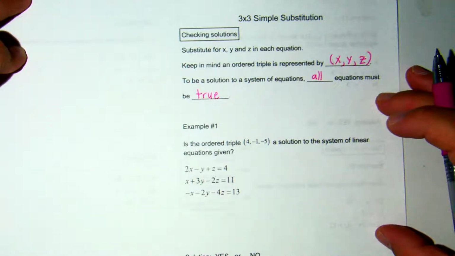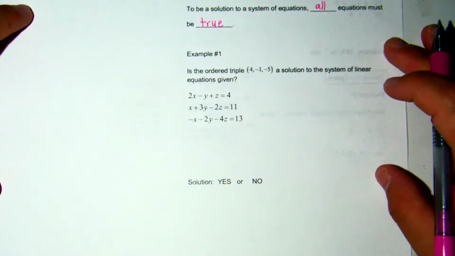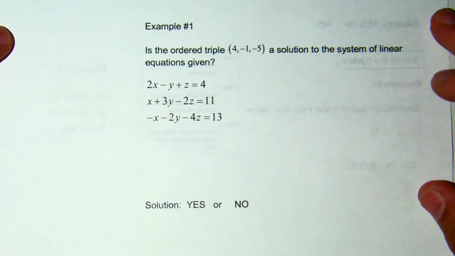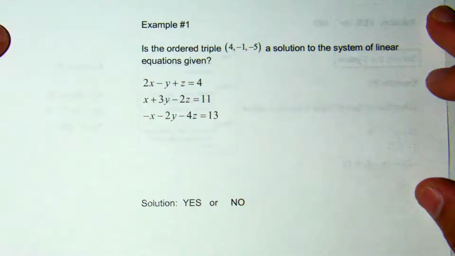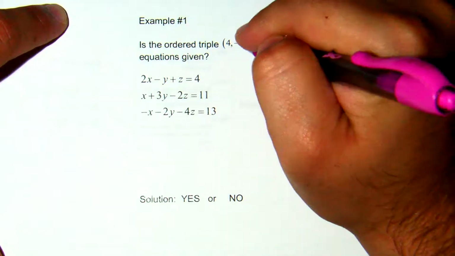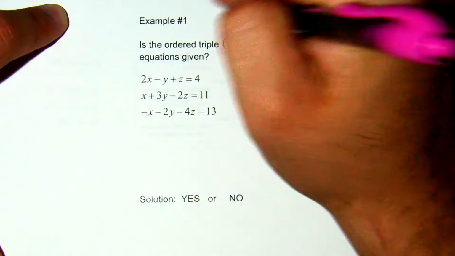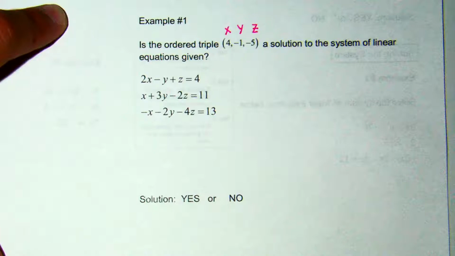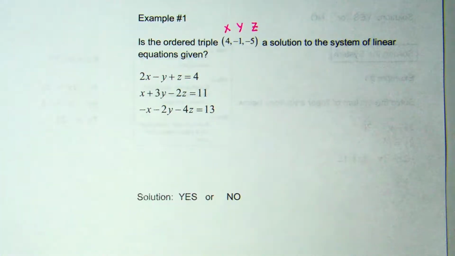So our first example, we're given this ordered triple 4, -1, -5. To help us remember, these are our x, y, and z values. Our purpose now is to take these values and substitute. Before I get started, I'll give you a little color coding.